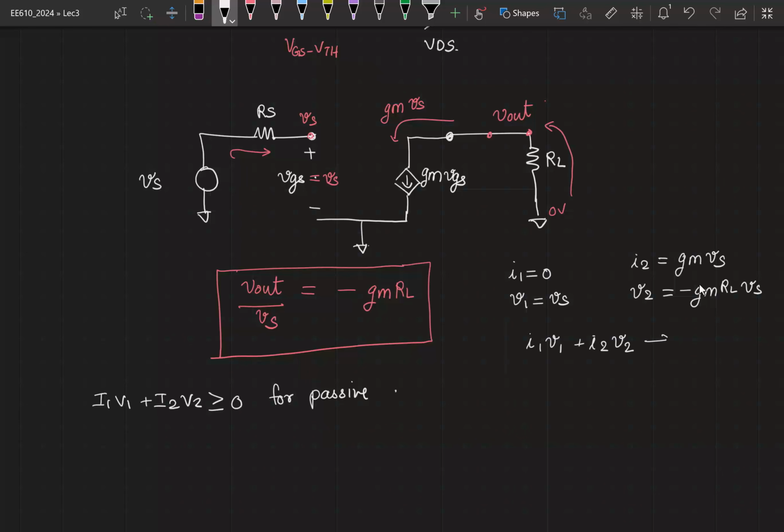This is negative, right? This goes to 0 and this gives you a negative value, right? So now, is it an active device? So a MOSFET is an incrementally active device.